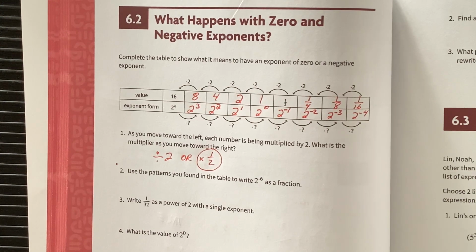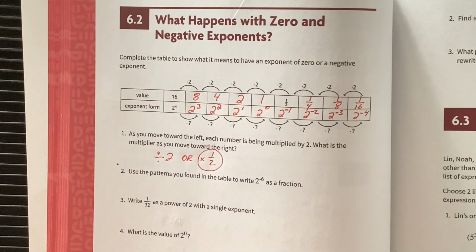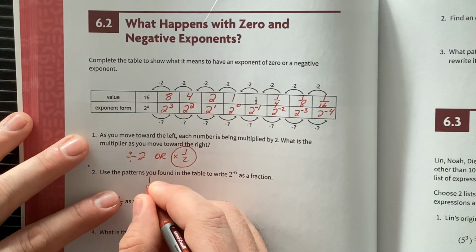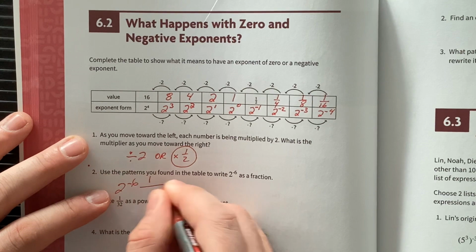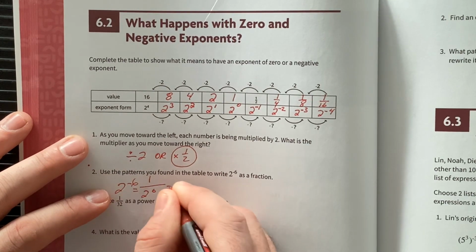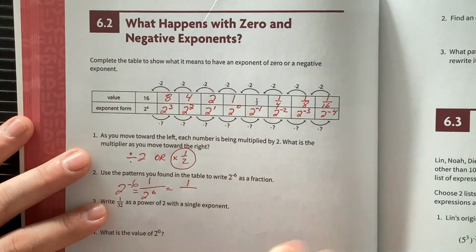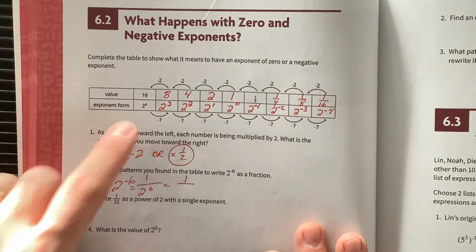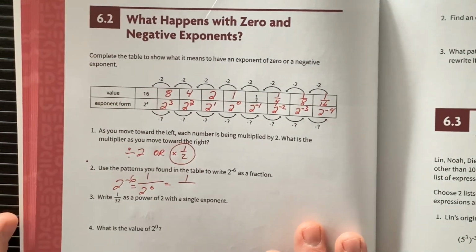All right, use that pattern to find out 2 to the negative 6. Okay, remember that 2 to the negative 6 is the same as 1 over 2 to the 6, which is 1 over, so 16 times 2 times 2.